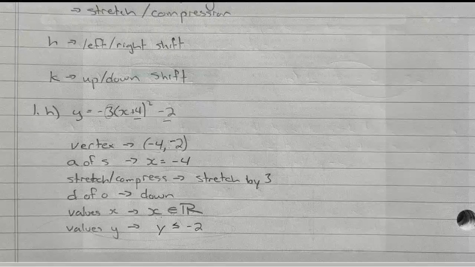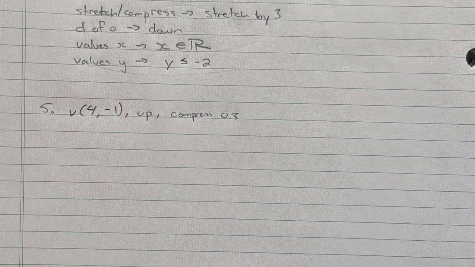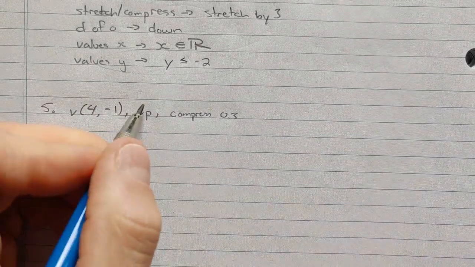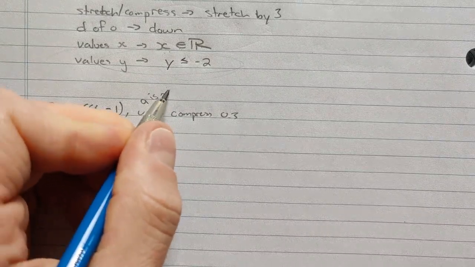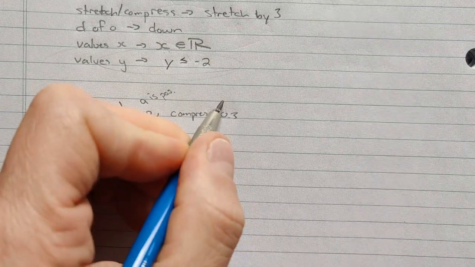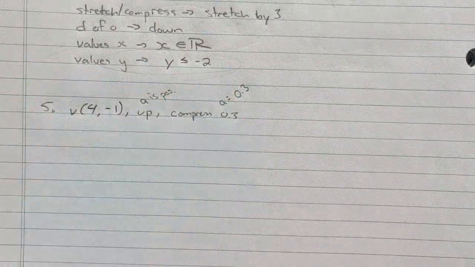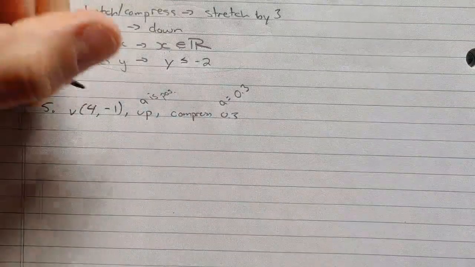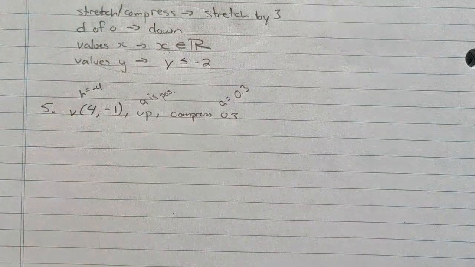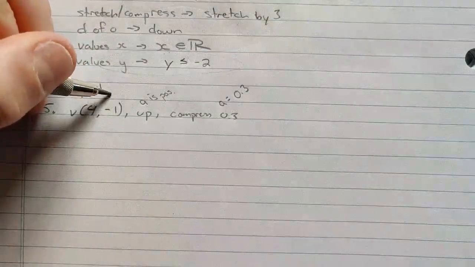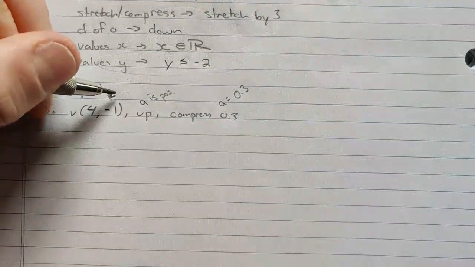So if I flip that back over to the note here, number 5, there's the little bits of information I was given. So this tells us a is positive. This tells us a equals 0.3. This tells us that h equals 4 and k equals negative 1.